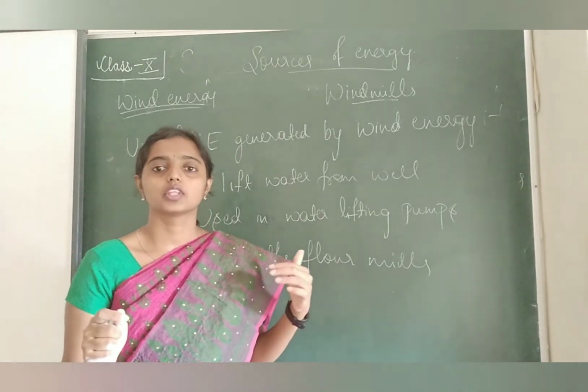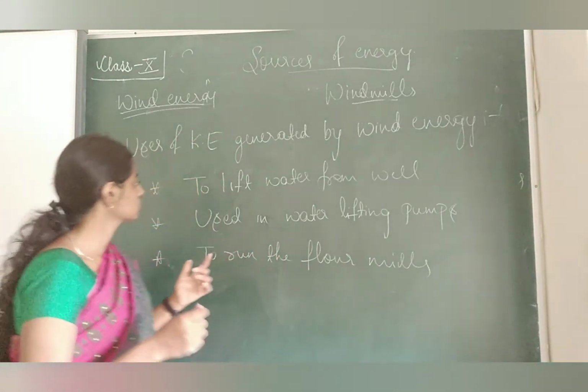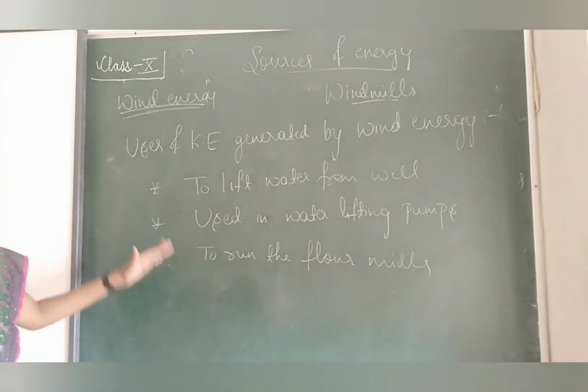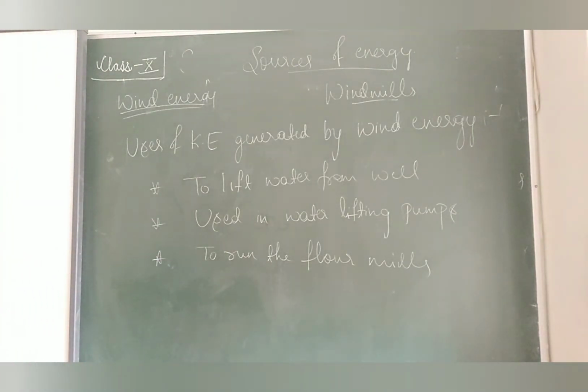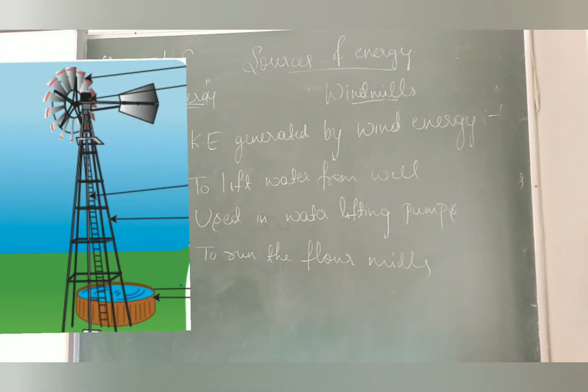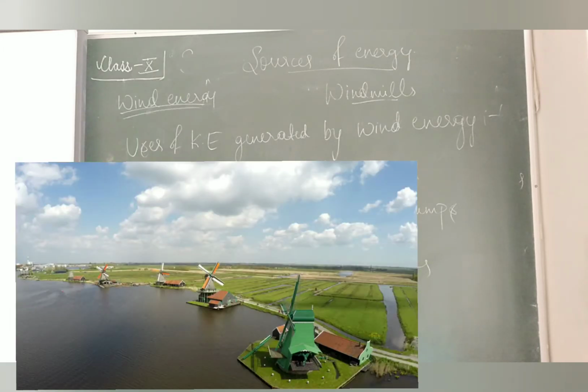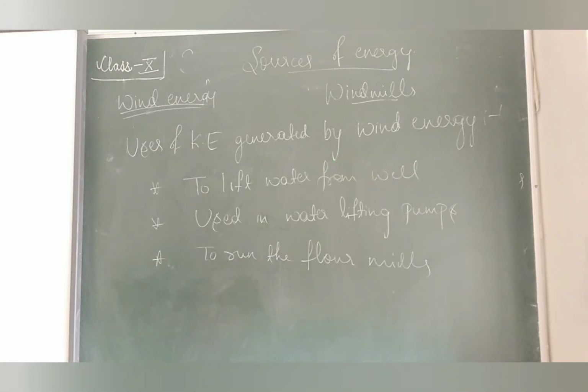In the earlier time they used it for the following reasons. See, to lift water from the well. So these fan-like structure windmills, they were using to lift the water from the well, and this is used in water lifting pumps. So both are same. This technique was used for water lifting purposes.